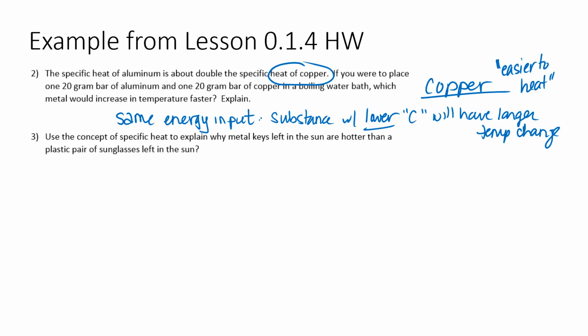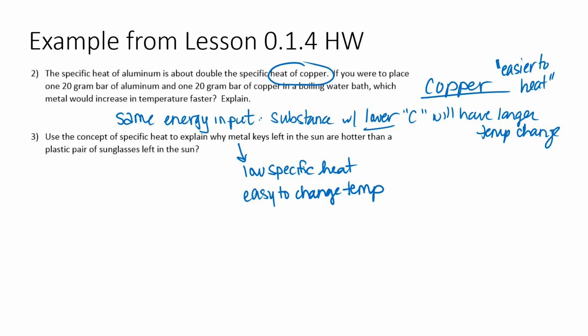Think about number 3. If you're thinking about a real life example, if you have some metal keys sitting out in the sun versus a plastic pair of sunglasses, metal tends to have a low specific heat. So it is very easy to change the temperature, meaning not much energy required to change the temperature.